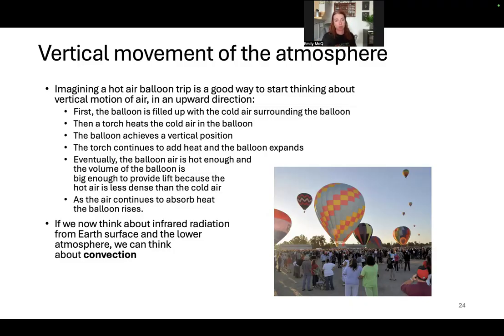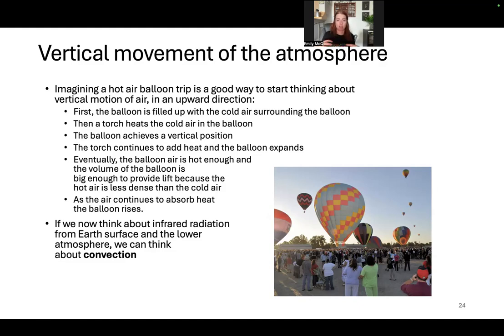Imagine a hot air balloon trip is a good way to start thinking about the vertical motion of air in an upward direction. First, the balloon is filled up with cold air to surround the balloon, but then you heat a torch in the center of this balloon, and that balloon assumes a vertical position.